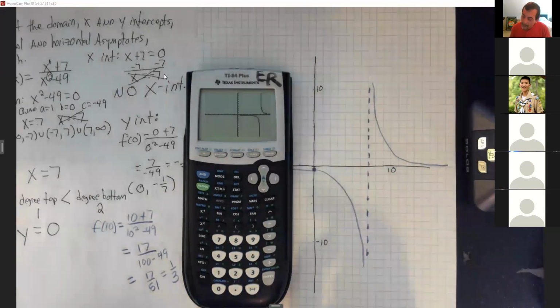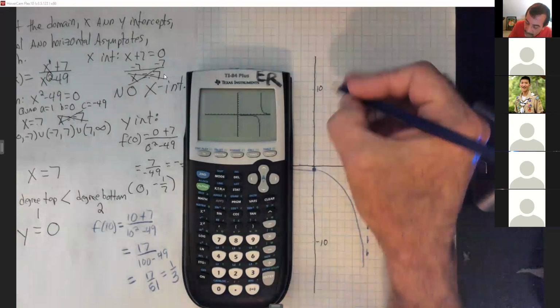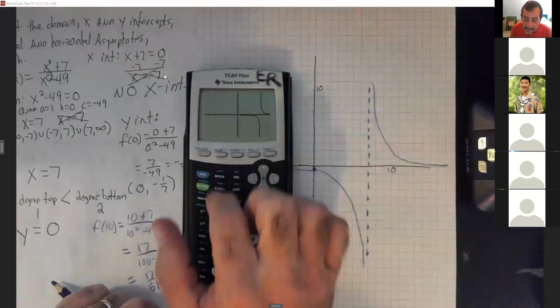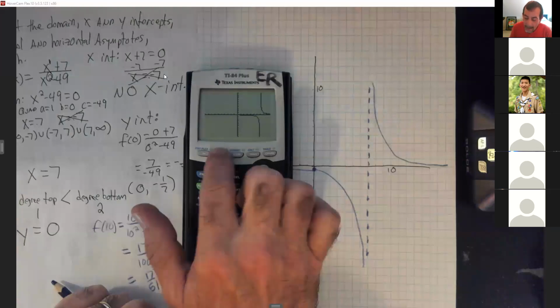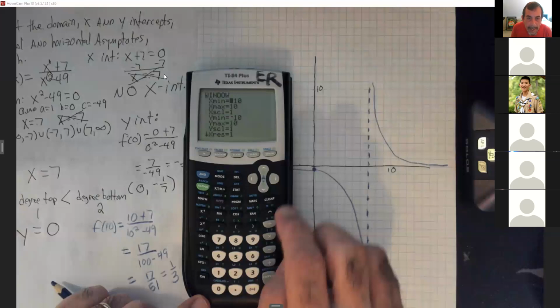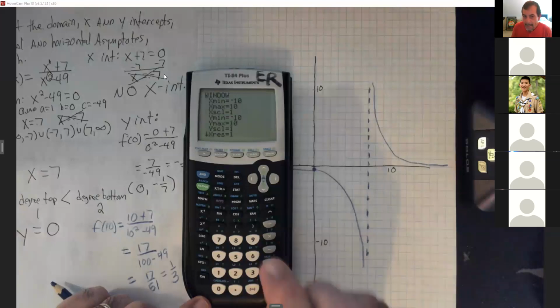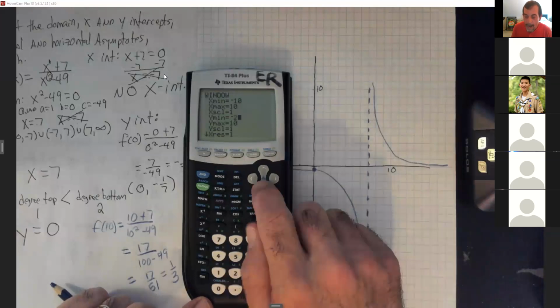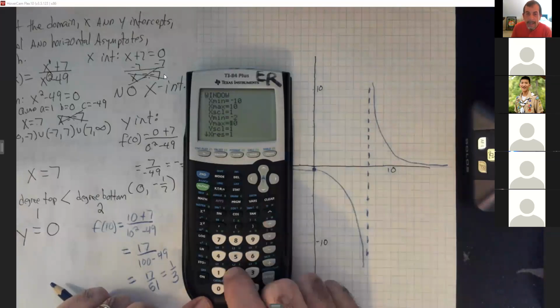On the answers, they had the y's going from 2 to -2. So I'm going to show you how to set the y's. Hit that window button and go down here to the y minimum. Instead of the y minimum being -10, I'm going to make it a -2. And then the y max, I'm going to make a +2.